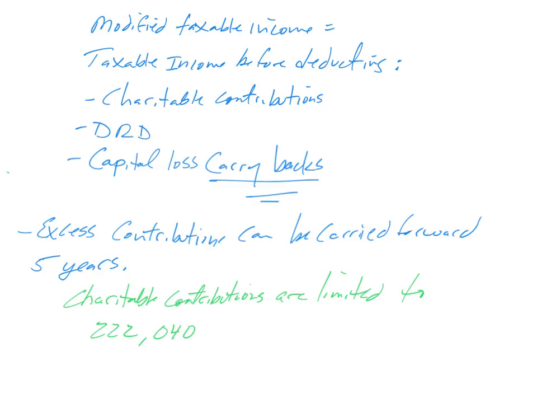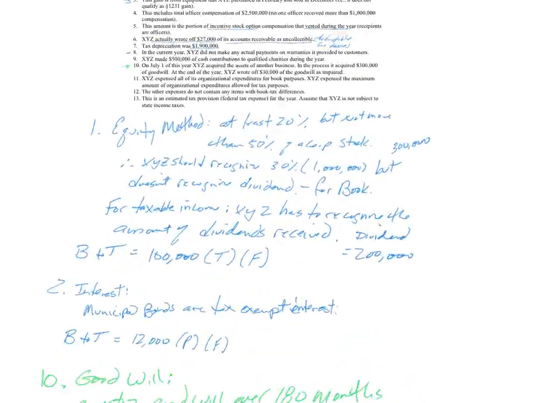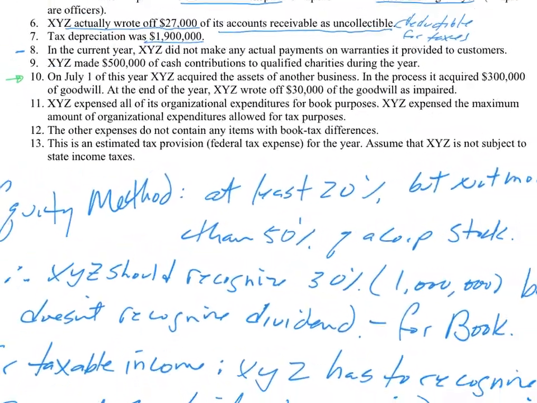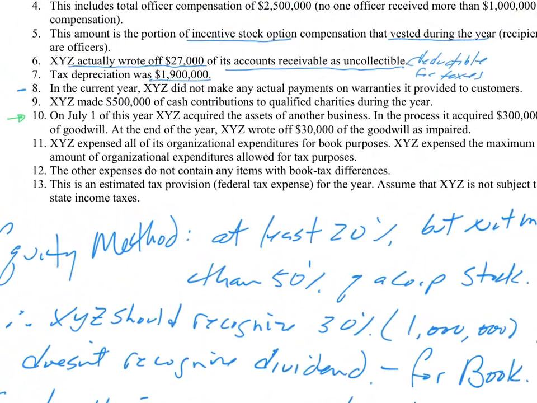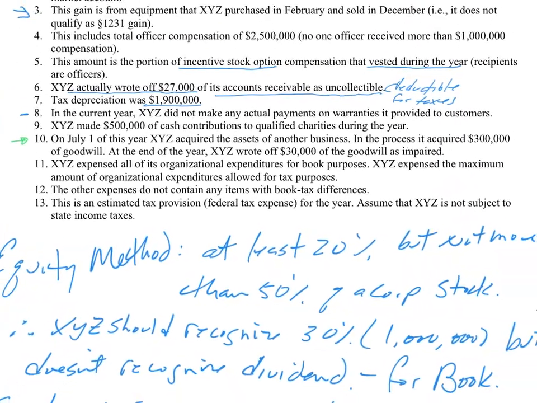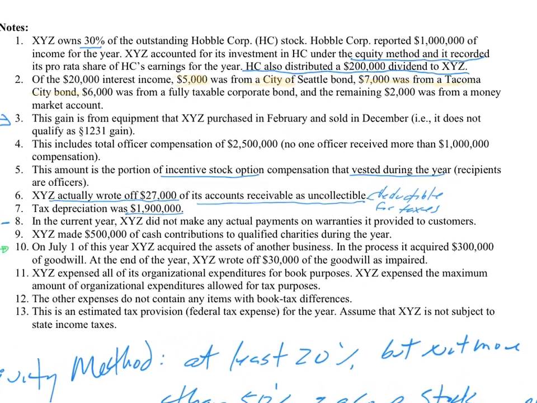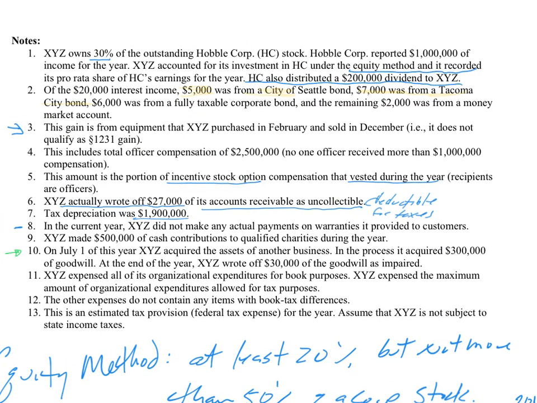Received deduction. So let's take a look and find that. So our dividends received deduction, where did it tell us that? It talks about, oh, here we go. So that was note number 1, right?